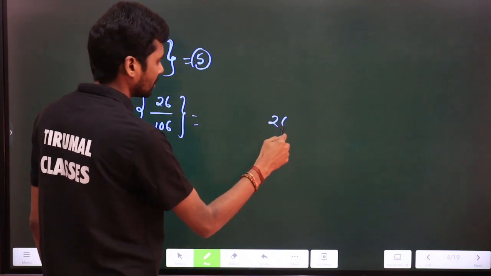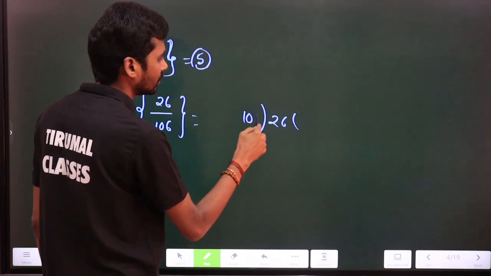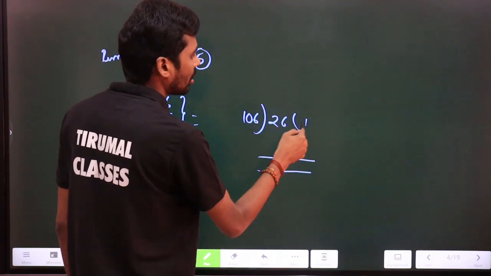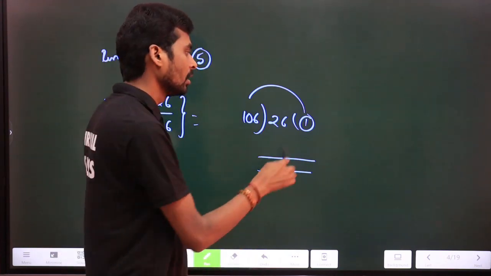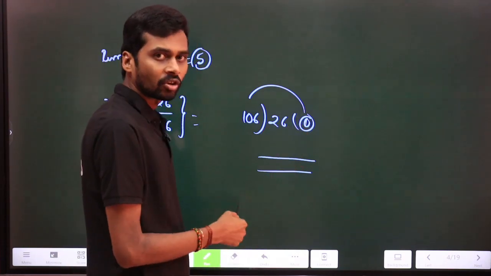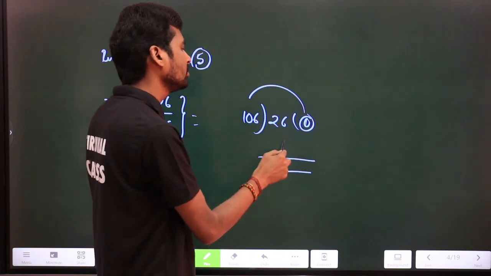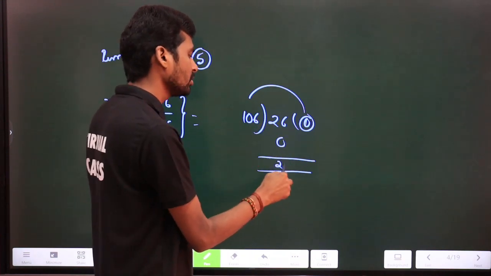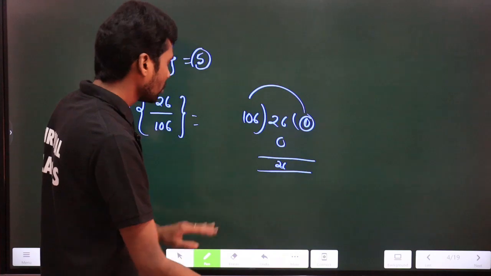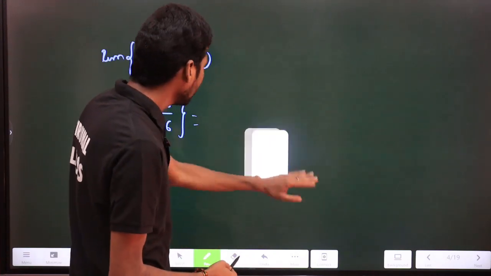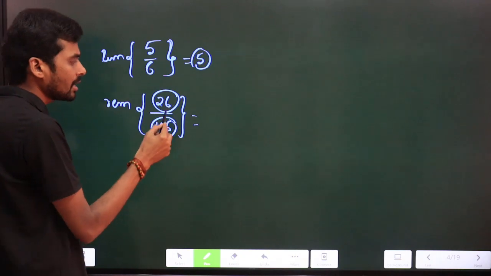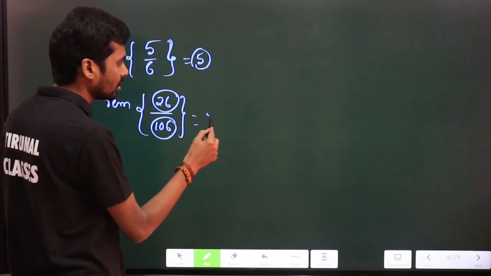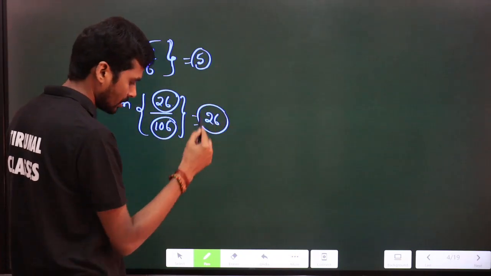Obviously I cannot write 1 here, because 106 into 1 is more than 26. What is the number we'll get here in the quotient part? 0. So 106 into 0 is what? 0. 26 minus 0 is what? 26. So that's what I am telling you: 26 by 106, a smaller number by a larger number, the remainder is what? Here I am getting 26.